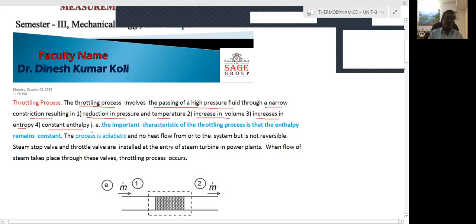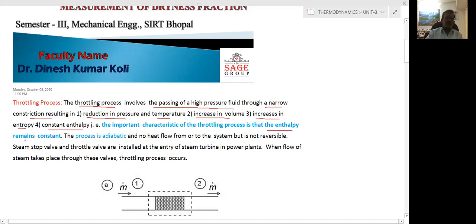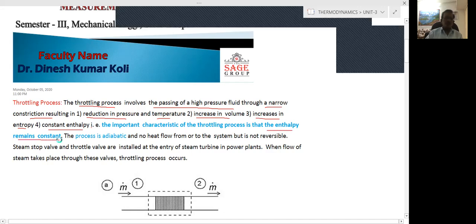So if some fluid is allowed to pass through a restricted or narrow passage like a porous plug, etc., an important characteristic of the throttling process is that the enthalpy remains constant in this process.